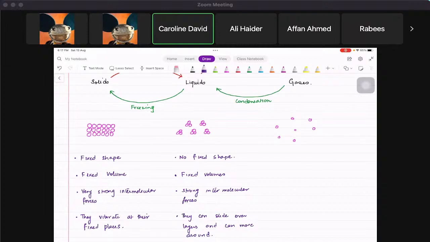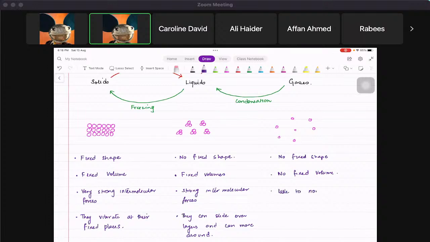Now, about gases, they do not have any fixed shape, so no fixed shape, and no fixed volume. So you can actually put them in a container with a smaller volume, they'll fit in, and if you let them loose in your room, they will fill up the room, so they don't have any fixed volume. They have little to none intermolecular forces.